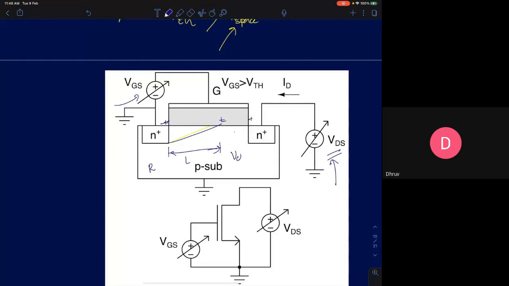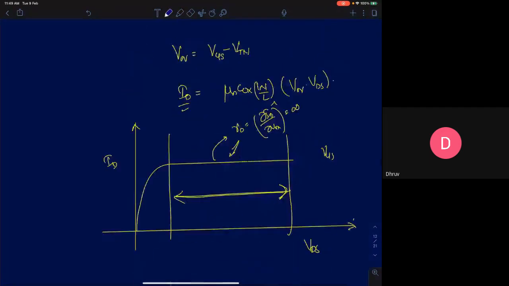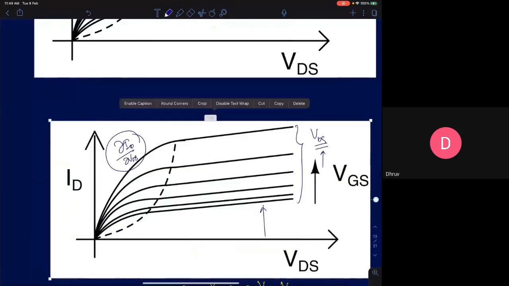Voltage across the channel is fixed, the conducting part of the channel is fixed, and the resistance of the channel has decreased. So what will happen to the current? It will increase, because L has reduced. So what you will observe in a practical MOS device is that your drain current will increase linearly to a first order.